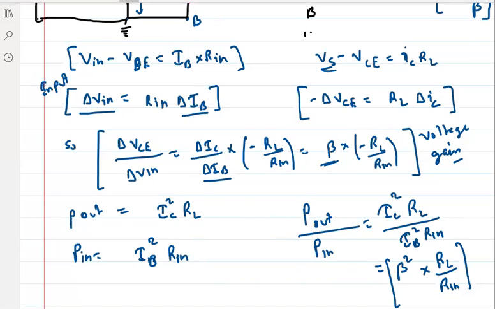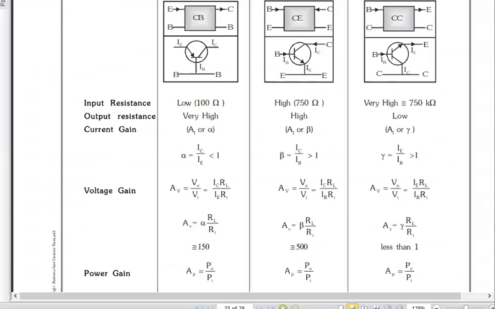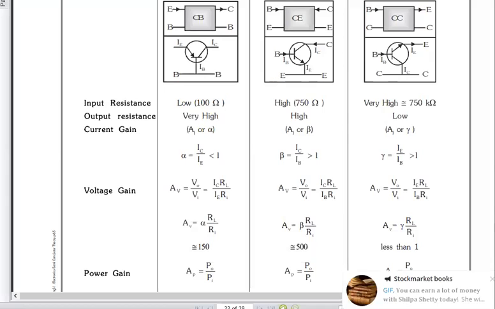Okay. So let's see. So we have derived everything for this circuit, common emitter circuit.